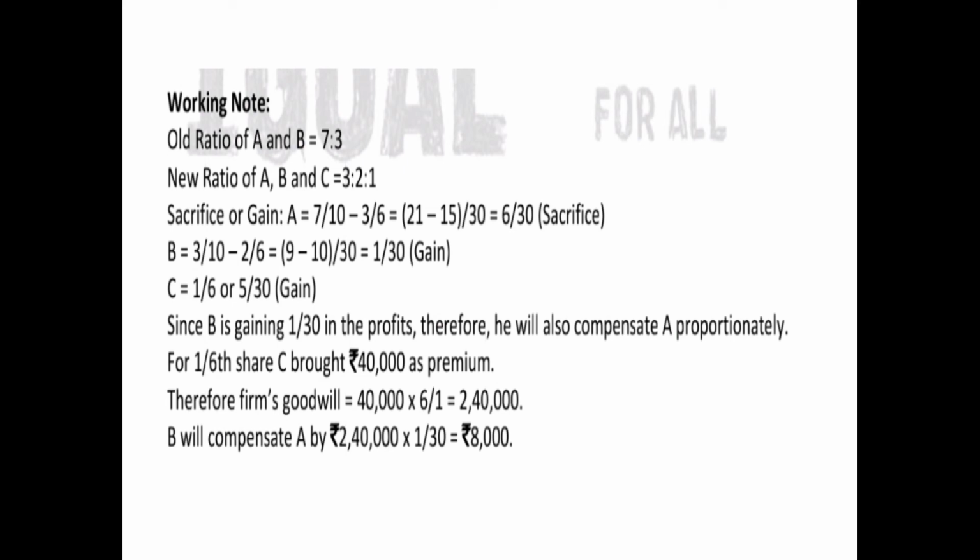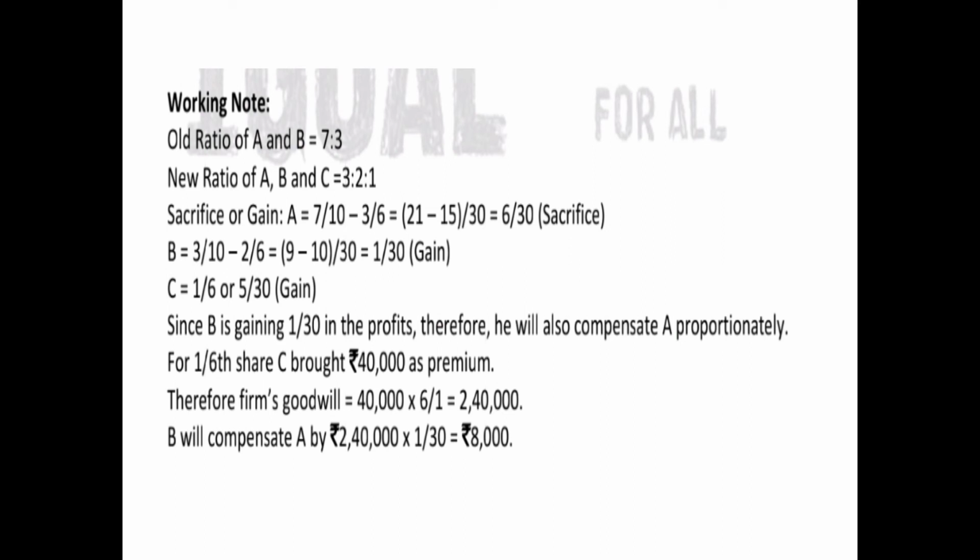So as you can see below, since B is gaining 1/30 in the profits, therefore he will also compensate A proportionately. And in order to calculate the compensation, as we have discussed in the previous videos, what we have to do is, first of all, calculate the goodwill of the firm on the basis of the goodwill brought in by the new partner, by applying the formula: goodwill by the new partner multiplied by the reciprocal of his share.